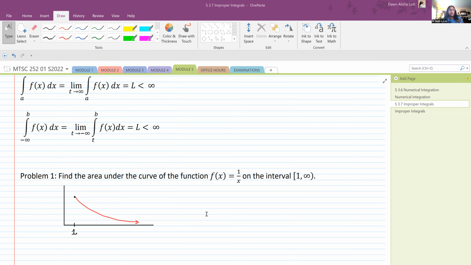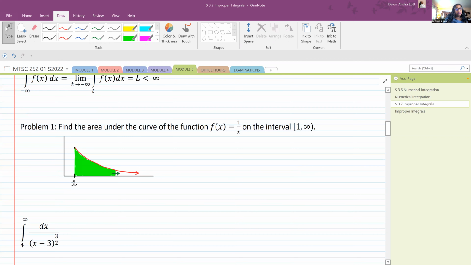As it keeps decreasing, we're trying to find the area under this curve. And notice the area keeps going all the way out to infinity. So we want to find the area under this curve as it goes out to infinity. All right, so we want to compute that.